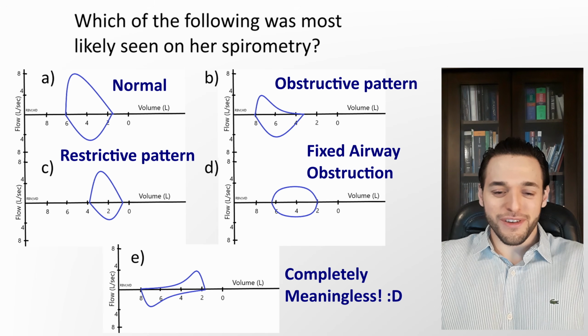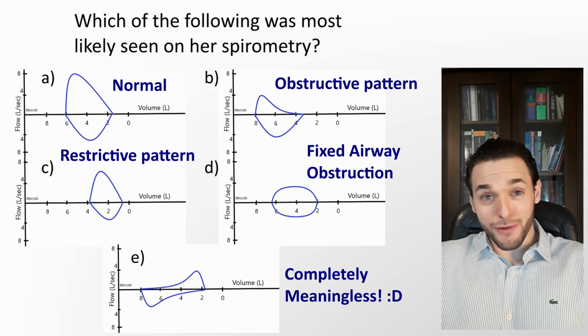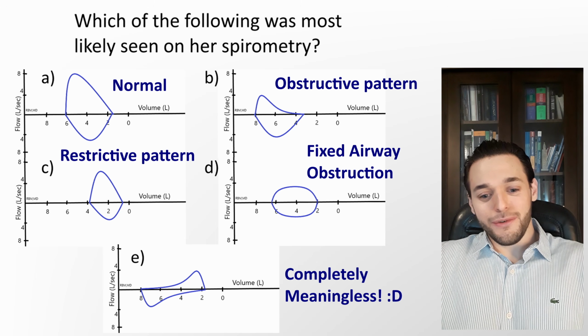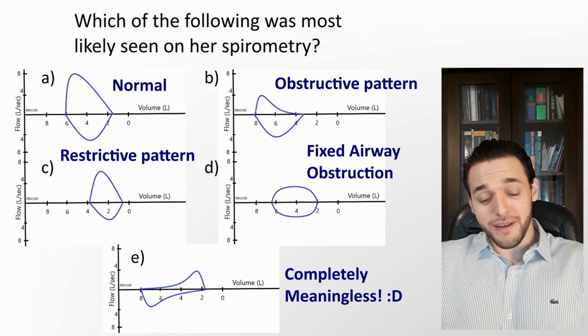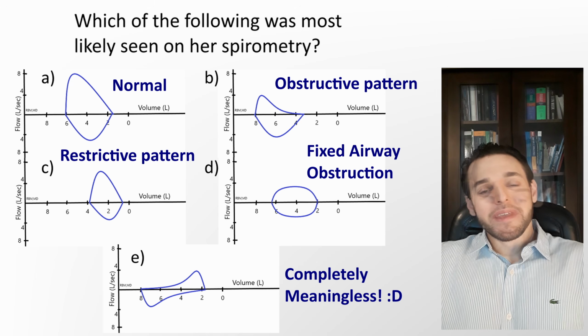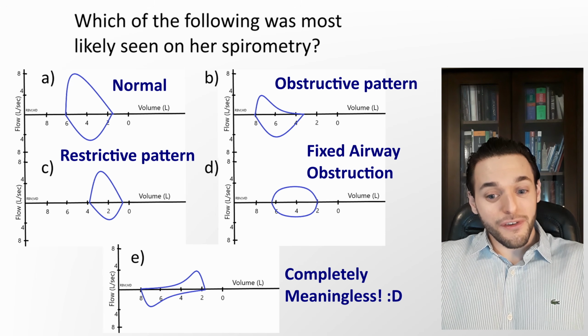I'm pretty sure this doesn't represent any possible complication, any possible disease. So the lesson to learn with this E alternative here is, if you see something you've never seen before, that's most likely not the right answer. And so we come here, our correct answer is C, a restrictive pattern found in sarcoidosis.